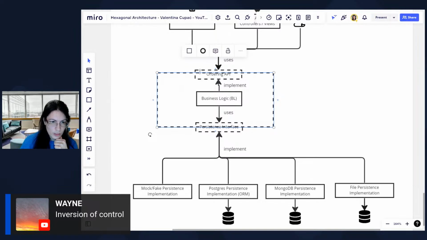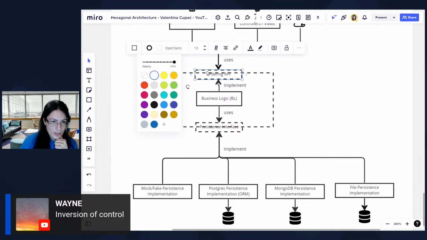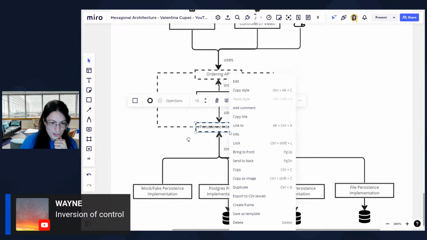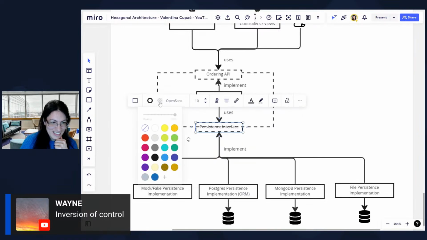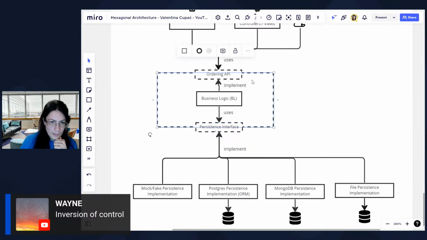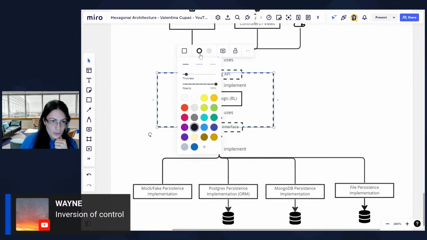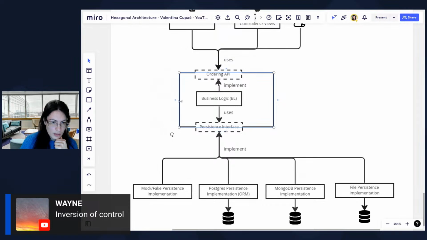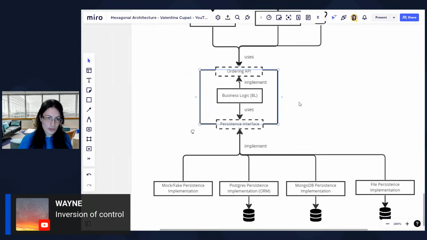I'm just going to make this white and bring it to the front. Thanks everyone for your patience. Okay. We essentially end up with this kind of thing, that this is what we are controlling. This is like the heart of our system. And this is what Alistair Cockburn calls the application.